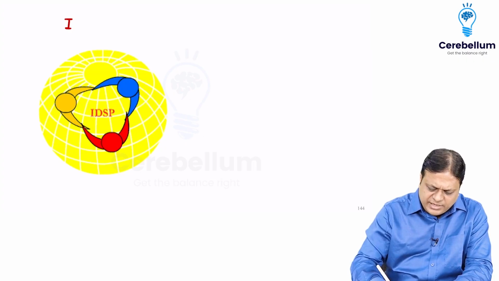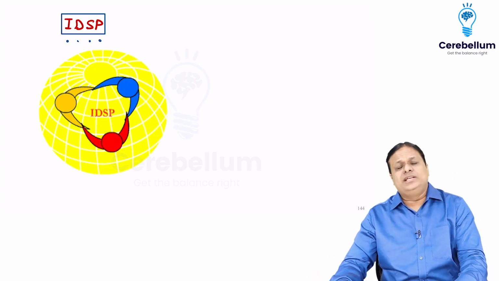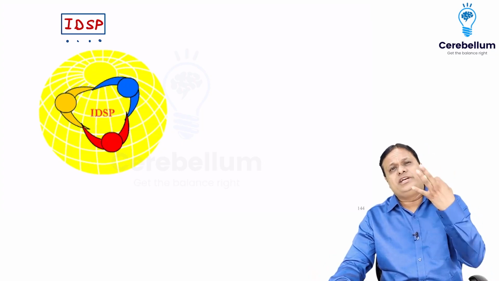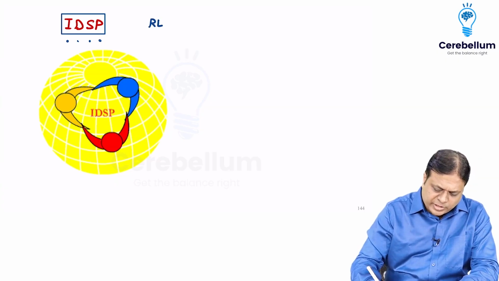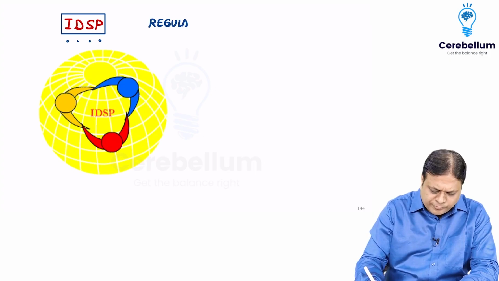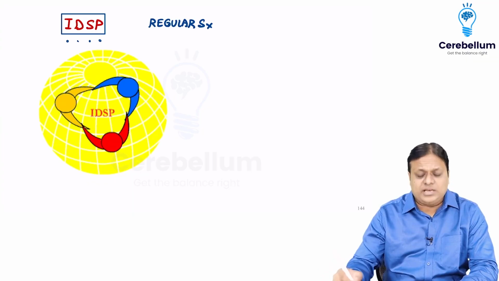This is, as written in the center, the IDSP program of India. What is IDSP? This is Integrated Disease Surveillance Program. This program includes 3 types of surveillances. These are regular surveillance. Under regular surveillance, common diseases of India are included.